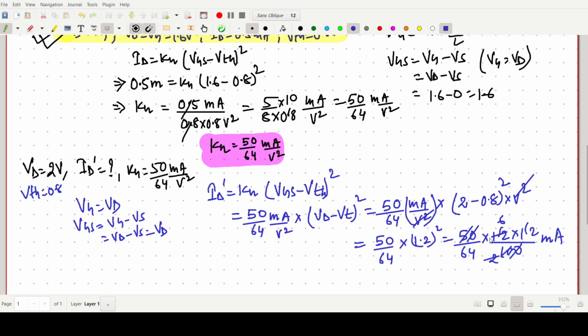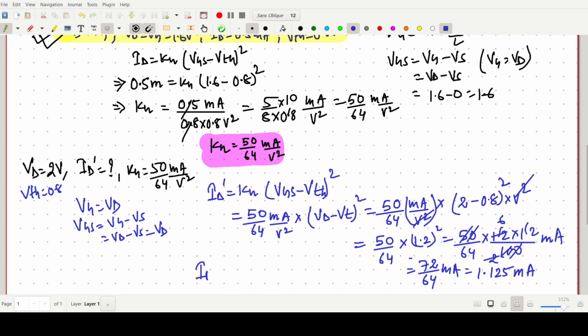If we directly use the calculator, it should be 12 into 6, 72 by 64. So I am just using my calculator. 72 by 64, so it should be 1.125 in milliampere.